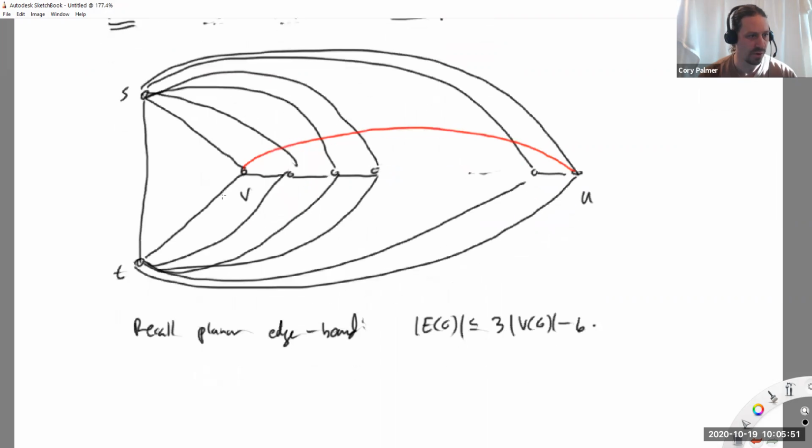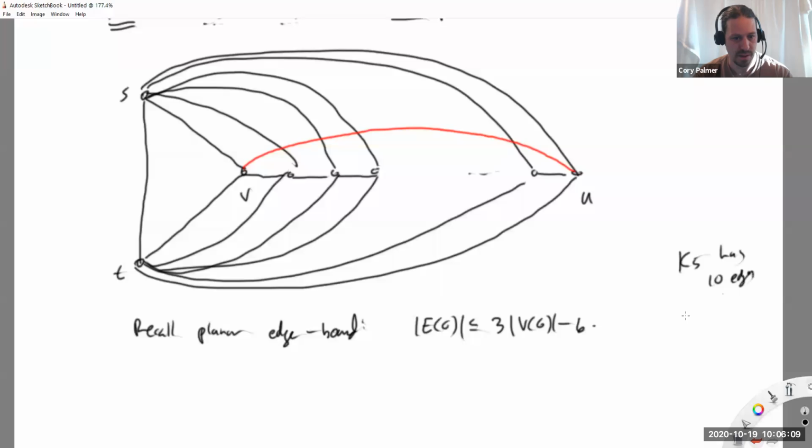So if I give you a graph that has more than 3n minus 6 edges in it, there's no way that it can be planar because it violates this bound. So that's another tool in your toolbox for showing something's not planar. In fact, maybe we didn't do it, but this actually implies that K5 is not planar, because K5 has 10 edges, but 3 times 5 minus 6 is 9. So K5 actually violates this bound.